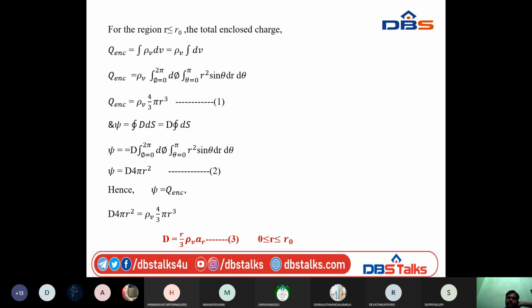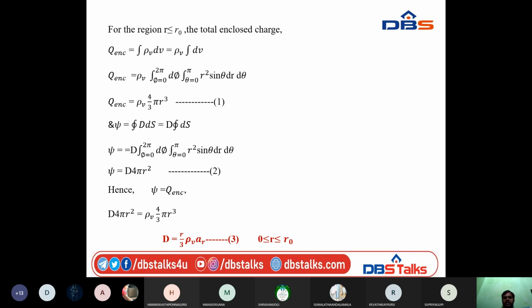Let me split my volume integral into the equivalent spherical volume, where the phi component is one integration and the theta component is another. So Q enclosed equals rho v times the integral over phi from 0 to 2 pi of d phi, times the integral over theta from 0 to pi of r square sin theta dr d theta.